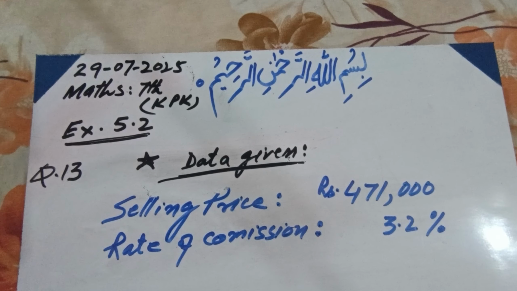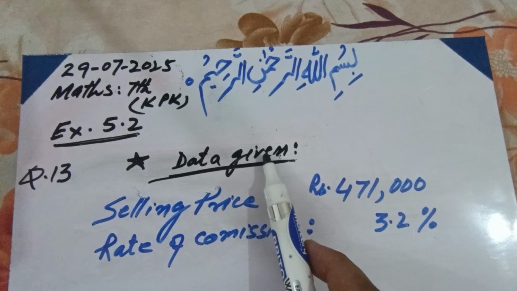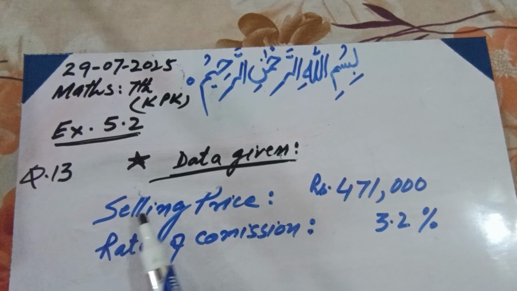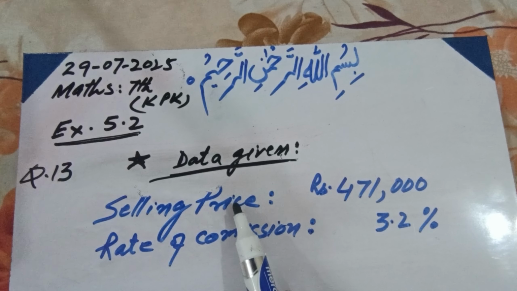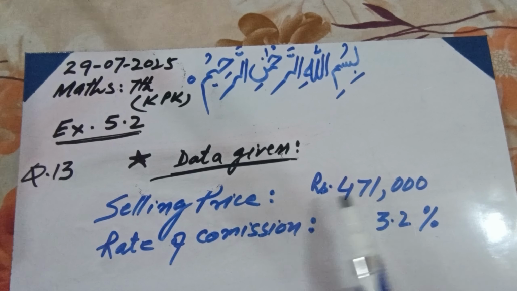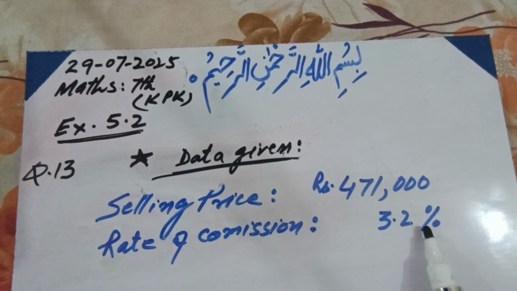Okay, moving towards the solution of question number 13. First I have written the given data. And what is the given data? It is the selling price of the laptops, which is rupees 471,000. And another thing is given, which is the rate of commission, which is 3.2%.